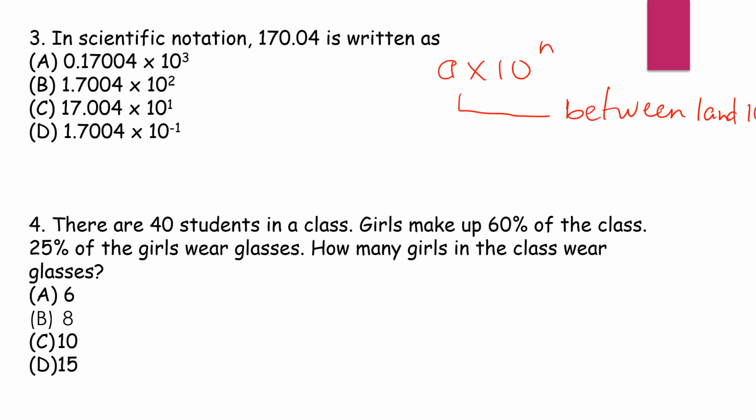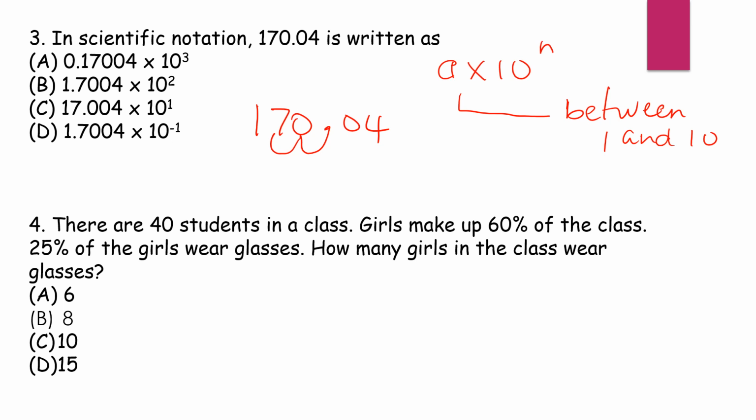Let me just write that below. So my number is 170.04. First, it is a large number. So I have to move the decimal point 1. That's 17.0. That's still not between 1 and 10. Then I move it 1 more.